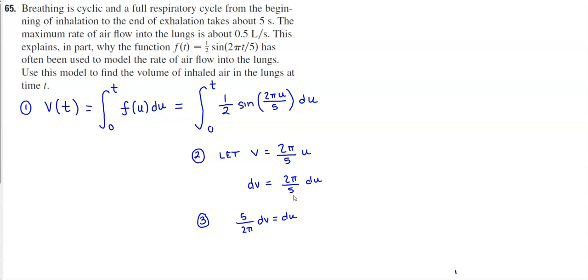Okay, so now in step number 4, we're going to rewrite this with our substitution. So we have the integral from 0 to t, with 1/2 factored out, and then the sine of 2 pi over 5 u du.